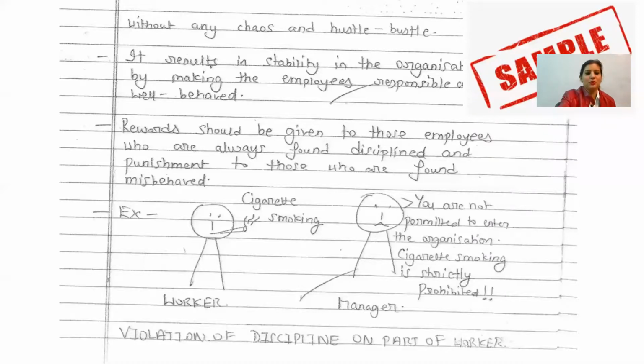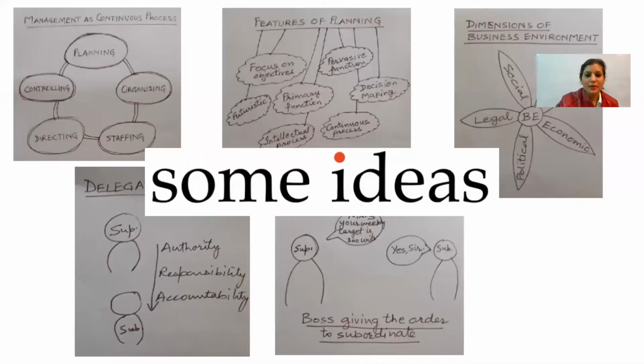Here you may use cartoons to write examples, or any other form. You may use diagrams, flow charts, cartoons to express your words or examples asked in the question. These are some other ideas to write your answers, to draw a flow chart, diagram, cartoon, or to present your answers.